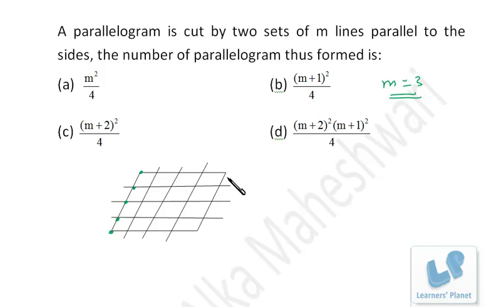And how many points are there on this line? It's 1, 2, 3, 4, 5, right? If I select 2 points from this line, suppose I just change the color of the pen, wait a moment. Suppose I select these 2 points from this line and maybe these 2 points from this line, right?